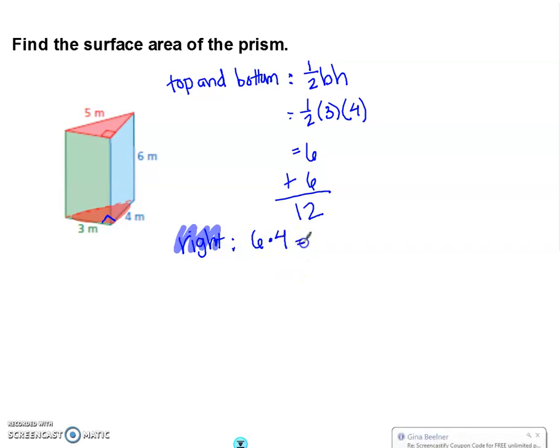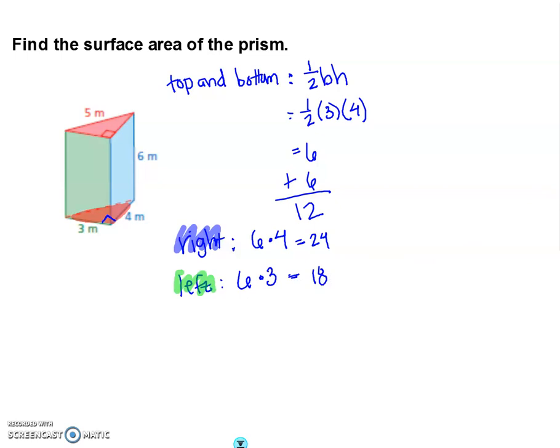So its area is 24. The next one we have is kind of on the left facing us. It's colored in green. My green doesn't quite match it, but it's close enough. Its dimensions are 6 by 3. So its area is 18.